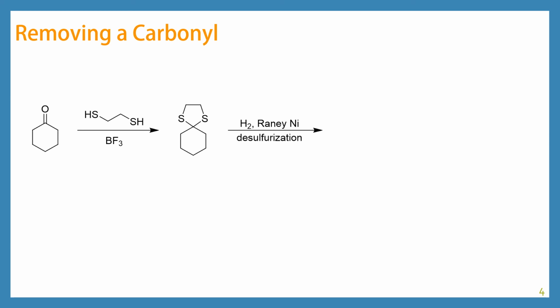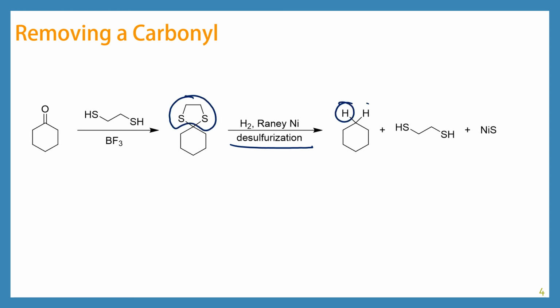This process is called desulfurization, and it actually completely removes the dithiol and replaces it with hydrogen. So we're not even just removing the thioacetal and getting our carbonyl back. We are completely destroying the carbonyl and turning it into just an alkane.